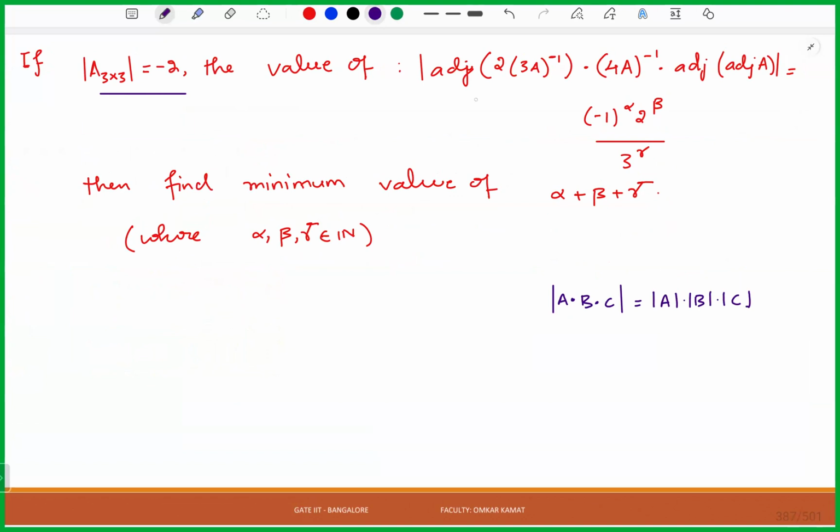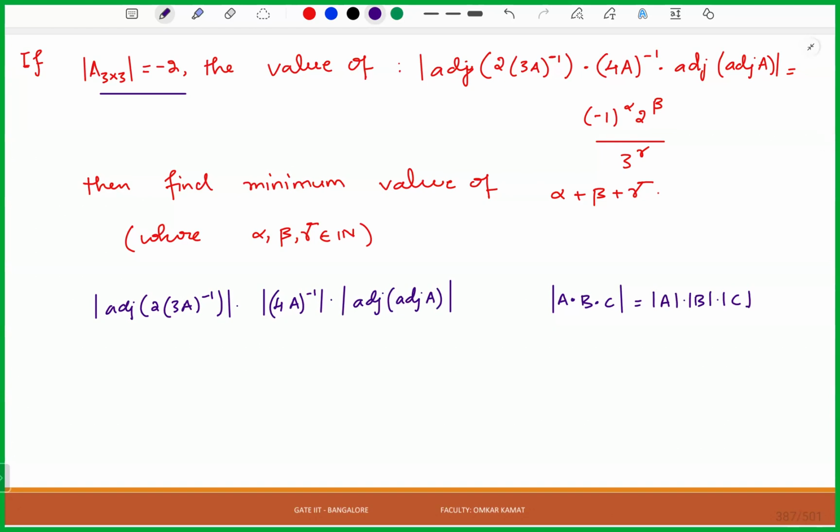So I can write it as determinant of adjoint of 2 times (3A) whole inverse, into determinant of (4A) whole inverse, into determinant of adjoint of A. Correct? Now we can use the properties easily and solve it.